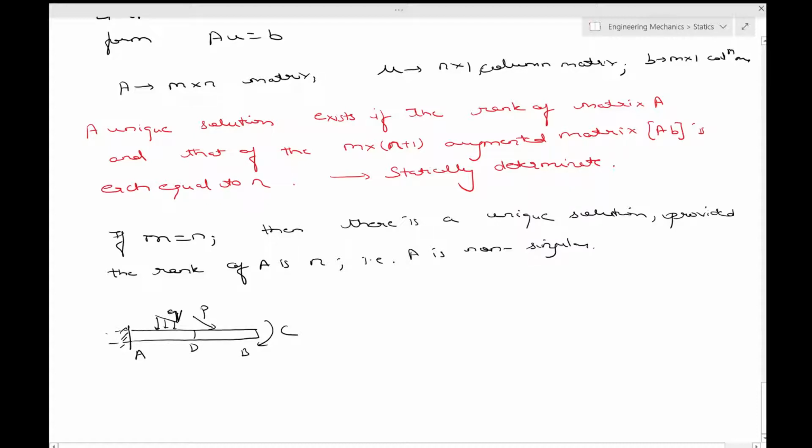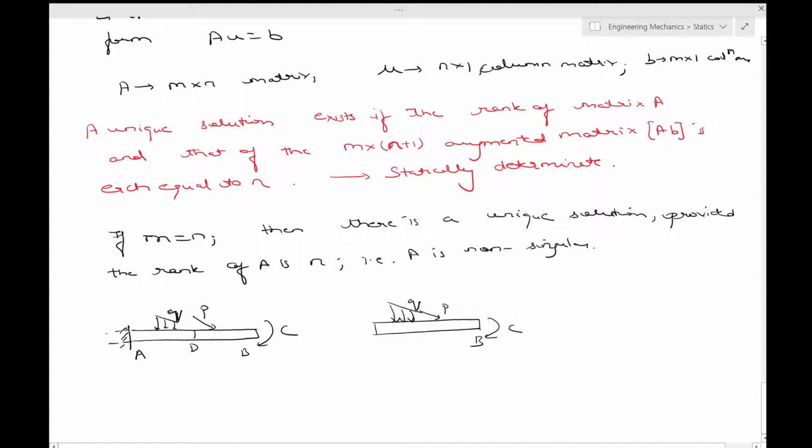Now if I separately draw this, first of all let me draw what is already given. C is given, this P is given, and Q is given. Now at A, the constraint is that it will not be moving either in the x or y direction. It's a planar problem, nor will it allow a rotation.